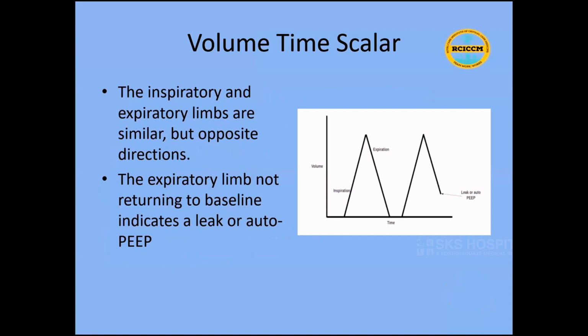So we will look at the three scalars: the volume time scalar, the flow time scalar, and the pressure time scalar. The next few slides will take us through that. If you look at the volume time scalar, it has two limbs, the inspiratory limb and the expiratory limb. Both look similar, but the inspiratory limb is an upward stroke and the expiratory limb is a downward stroke.